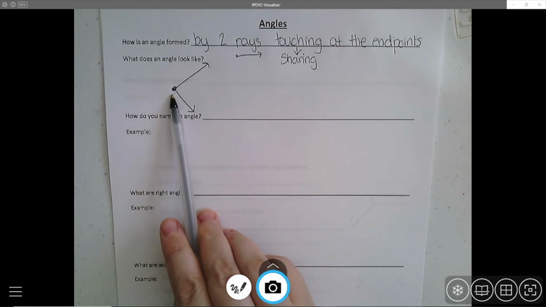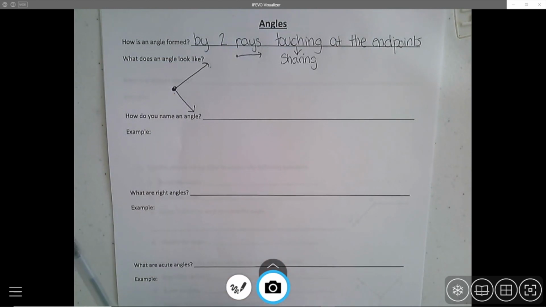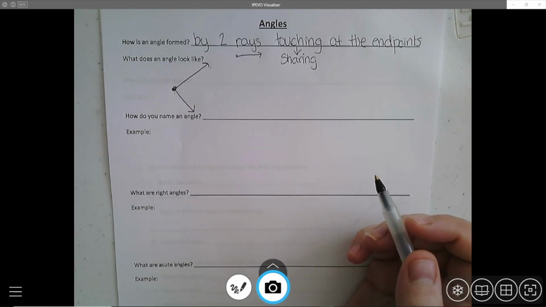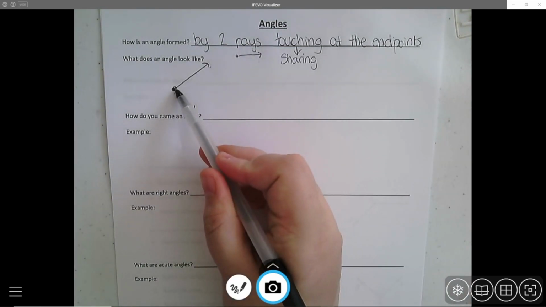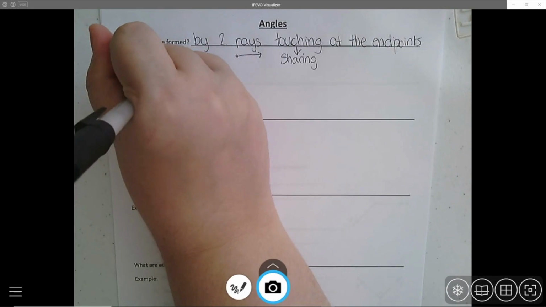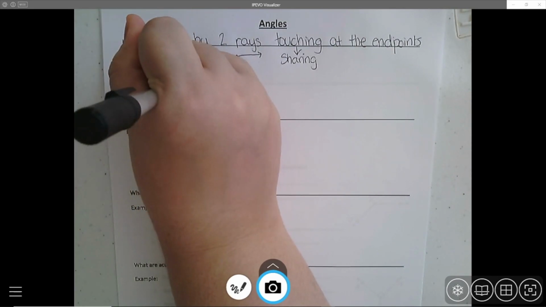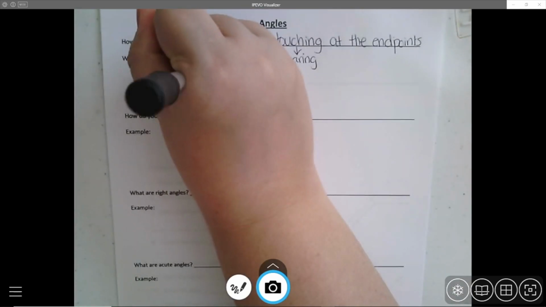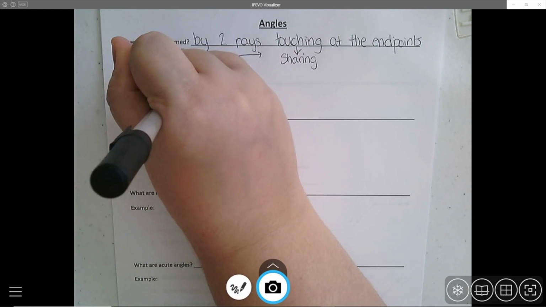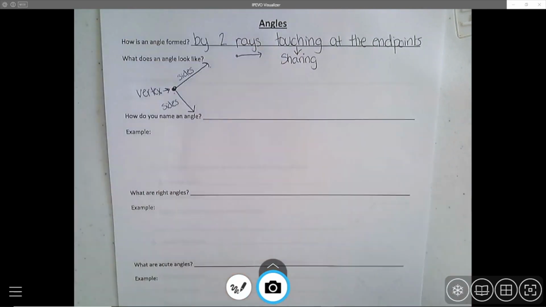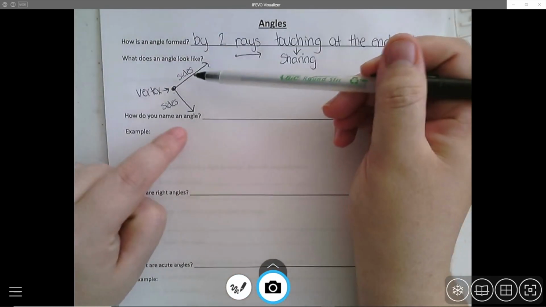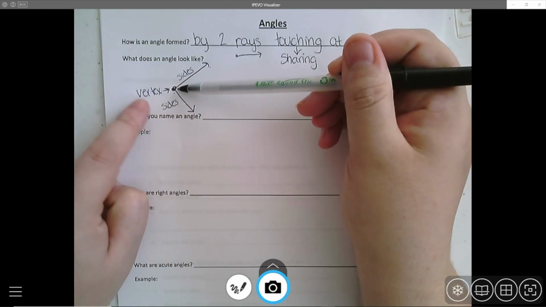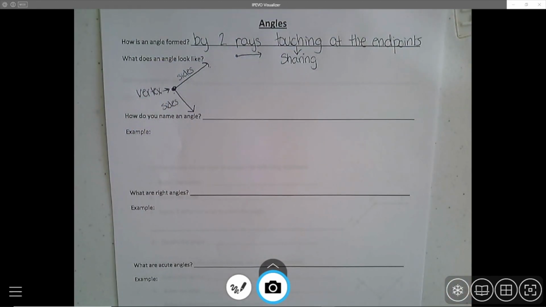They are sharing this common endpoint. Now, this endpoint that they share is known as the vertex. And the other part of angles are the rays. The rays are known as the sides of an angle. So each angle has two sides and one vertex.